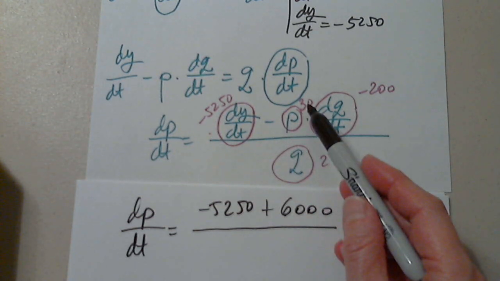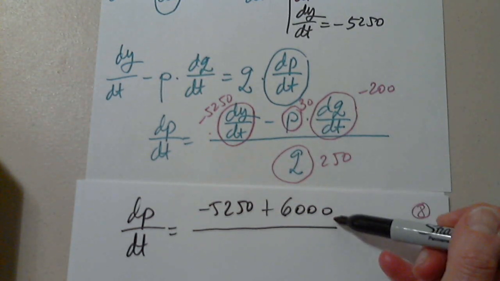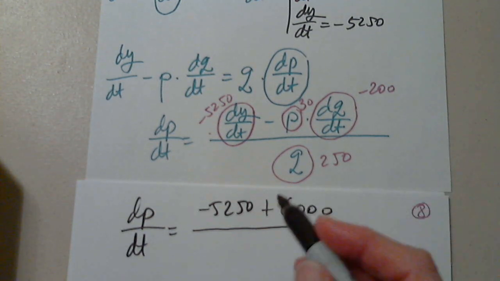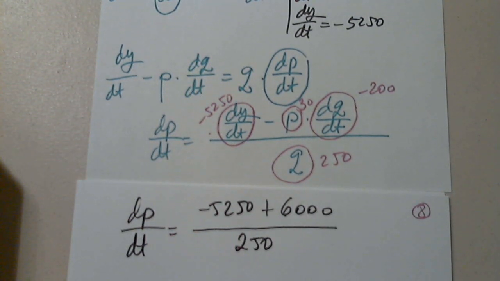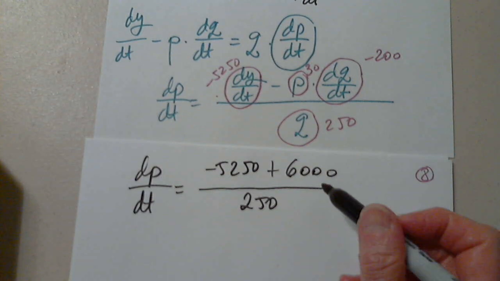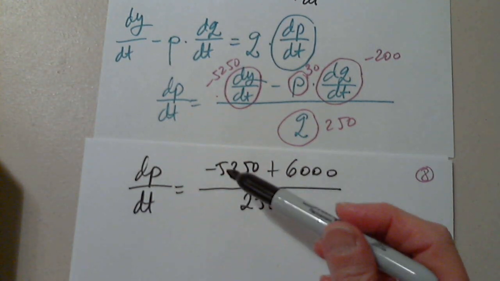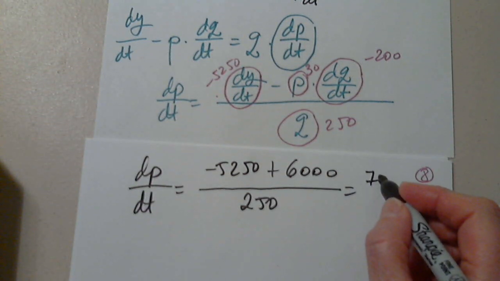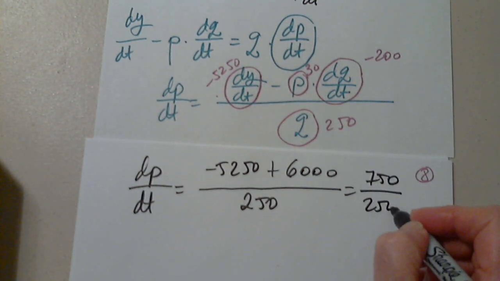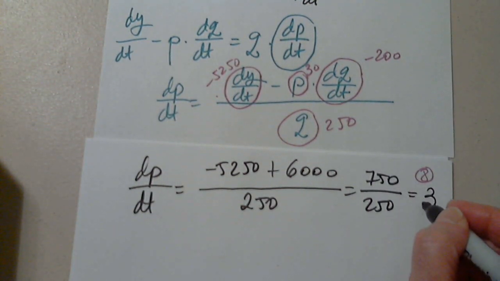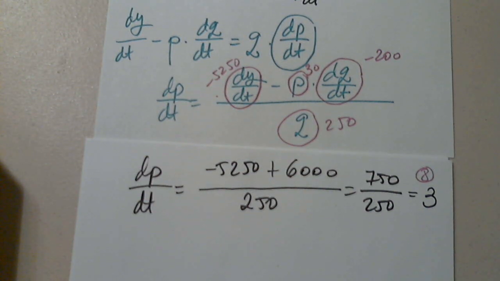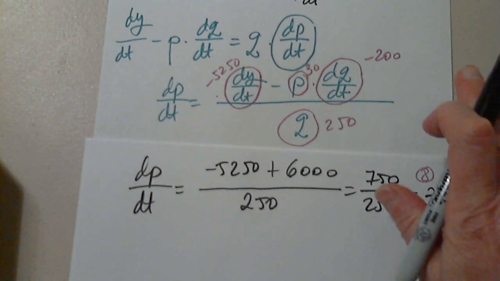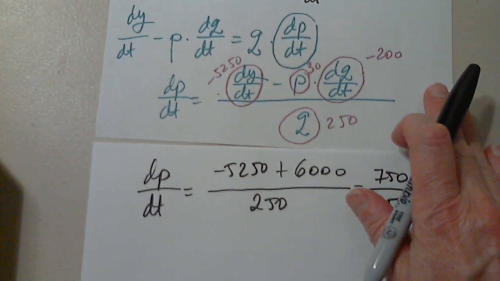So when I multiply negative 30 by negative 200, I get positive 6,000, divided by 250. So 6,000 minus 5,250 is 750, divided by 250. And that is 3. And that's how we find dp over dt.